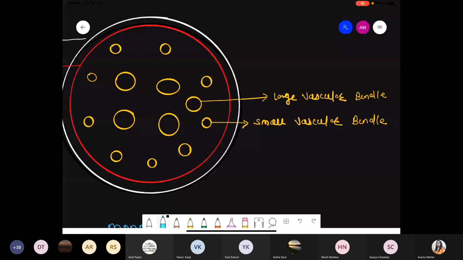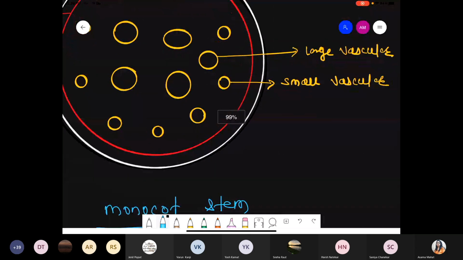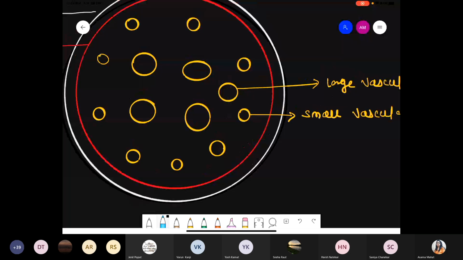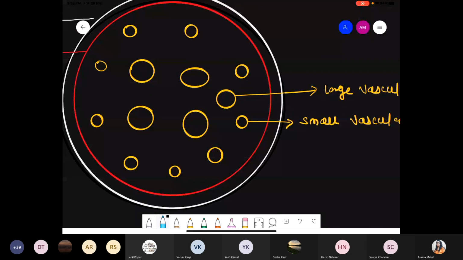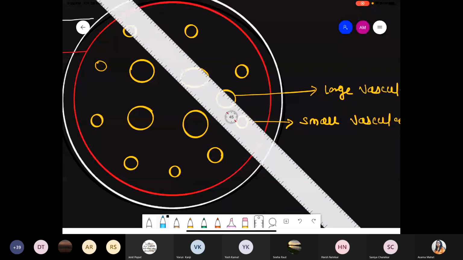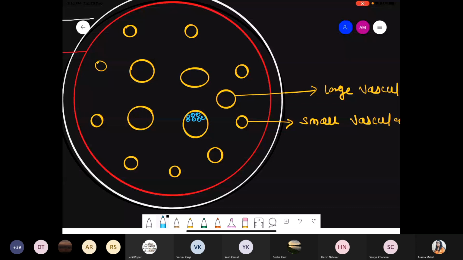You know very well we are talking about the monocot stem. In case of the monocot, cambium is absent. So inside, whatever cells are present toward the upper side, this cell they represent as a primary phloem.